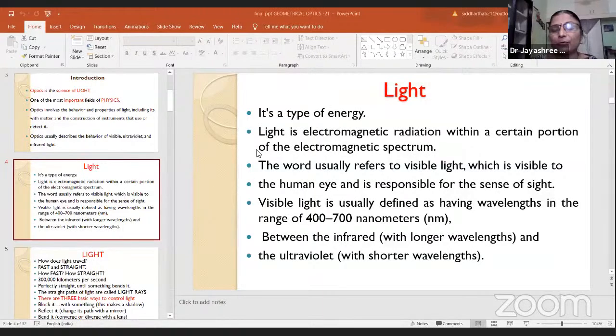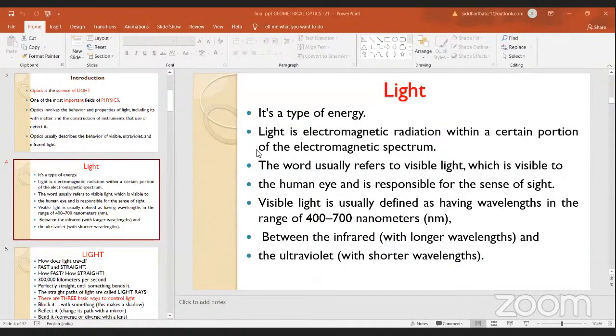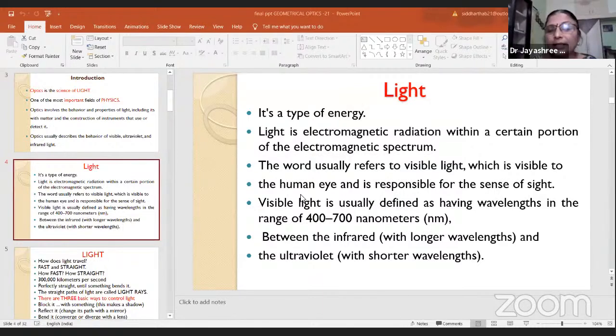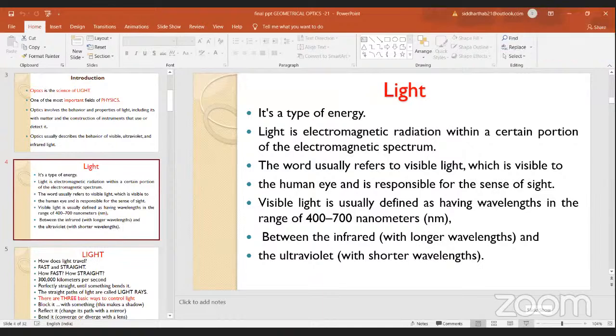What is light? So light is nothing but a type of energy, and it is electromagnetic radiation with a certain portion of the electromagnetic spectrum. So obviously whenever we use the word, it refers to visible light, and the particular type of the human eye, the human eye is responsible for the sense of sight as well.